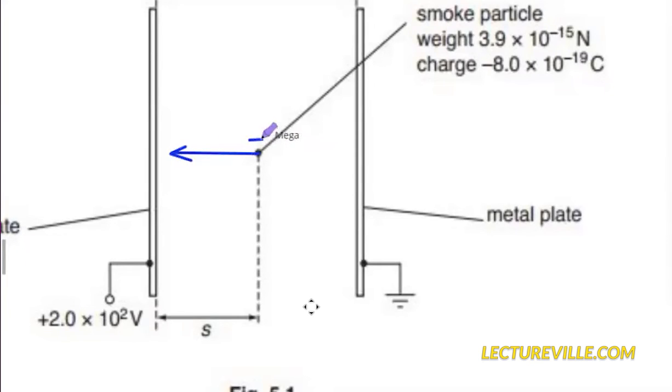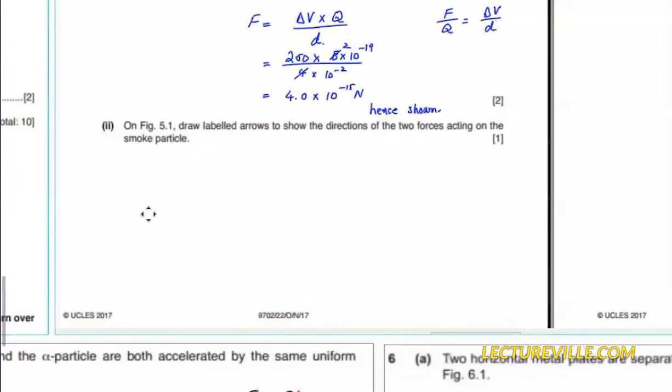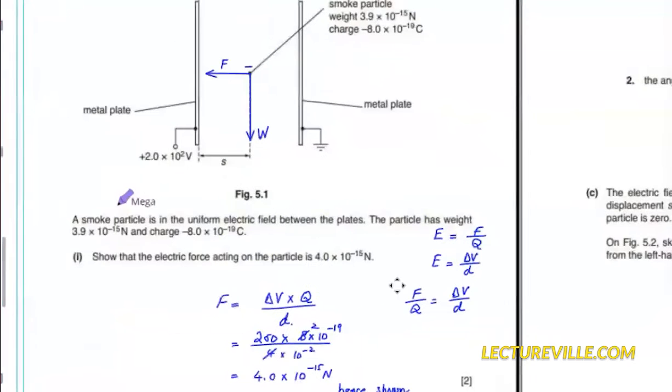Because there is a negative charge, it will be pulled towards the positive plate, opposite to the electric field, and the weight will be acting this way. Okay.